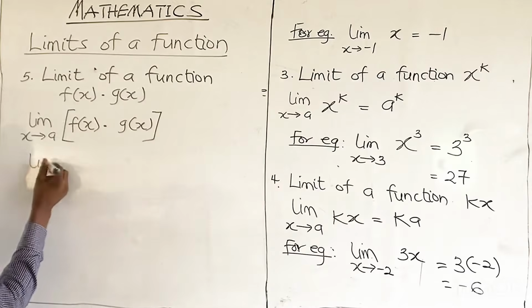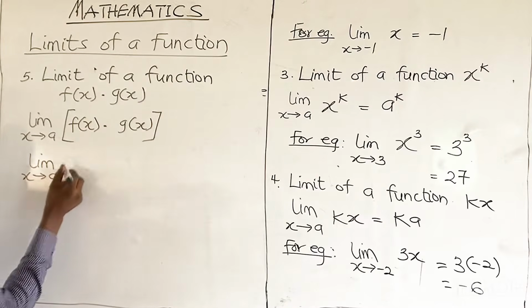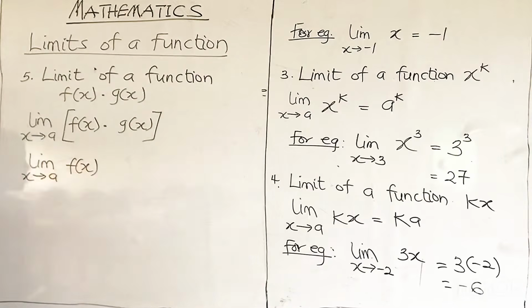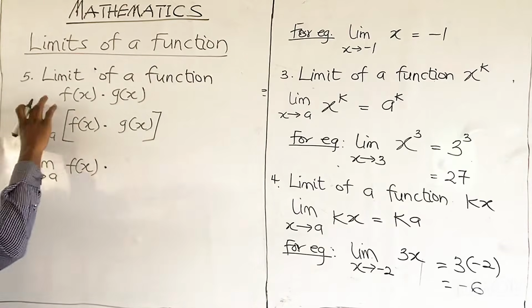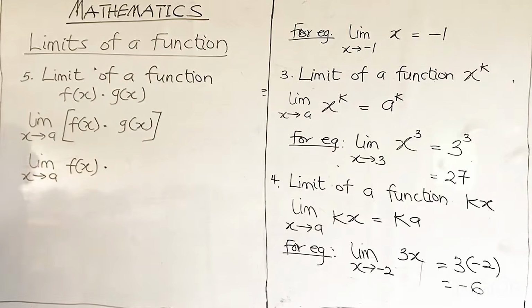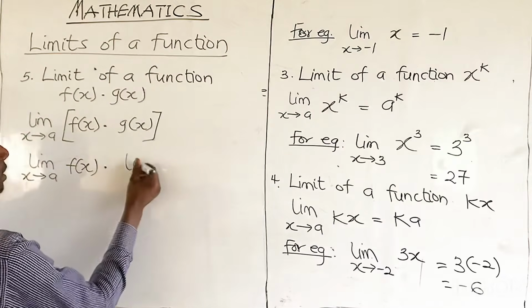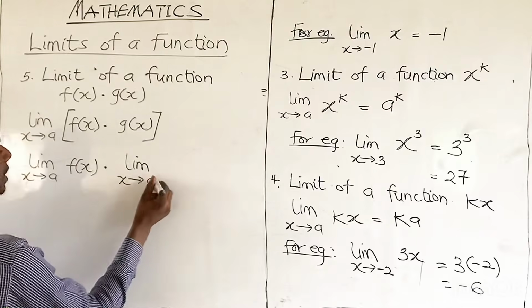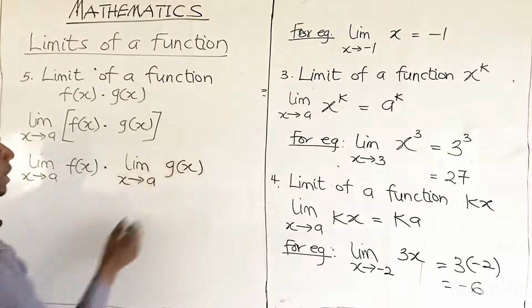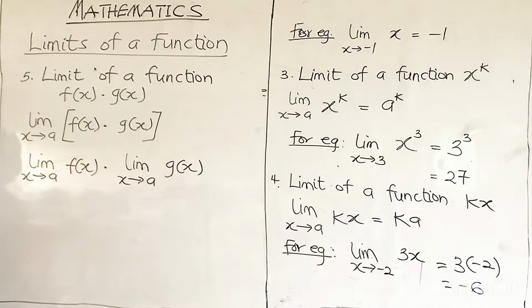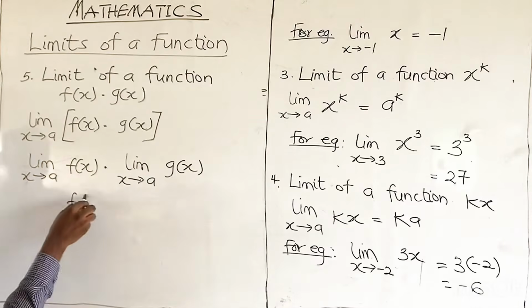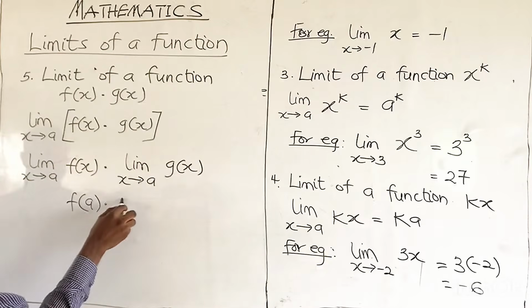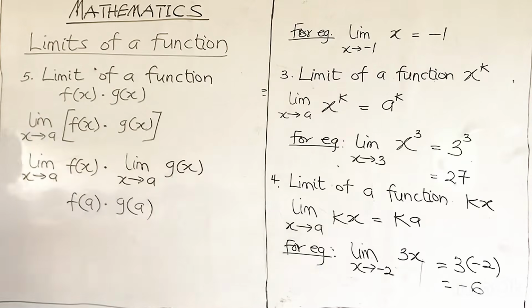So we have limit as x approaches a of f of x, and this limit will also take the g of x, so limit as x approaches a of g of x. At this point we are going to substitute a in each of the functions. So we have f of a dot g of a.